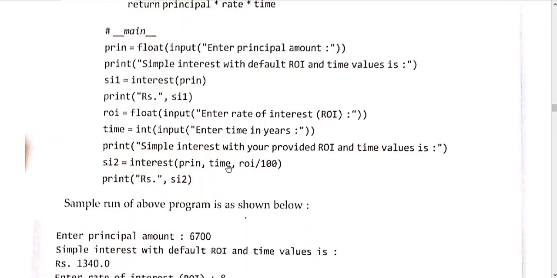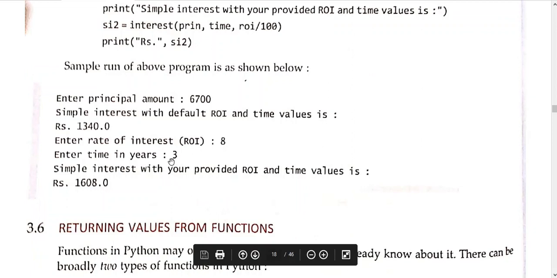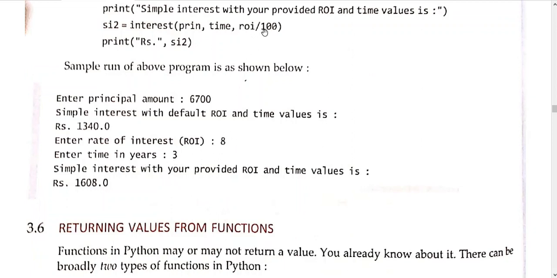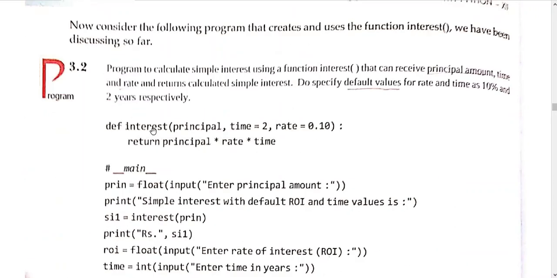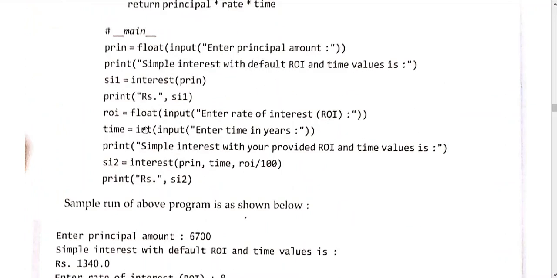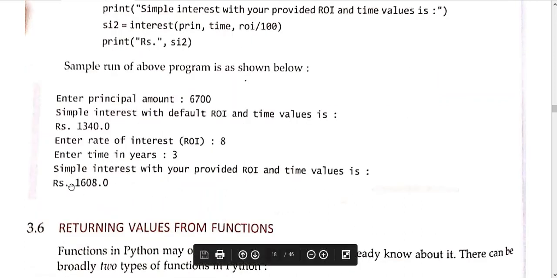Time you have given is 3 years. You have given rate of interest 8, that has been converted to 0.08, and time has also been placed here. Principal you have already given, 6700. So these three values will be passed on to this function, and it will return this value to the function call. So it will print here again. This time the simple interest is 1608.